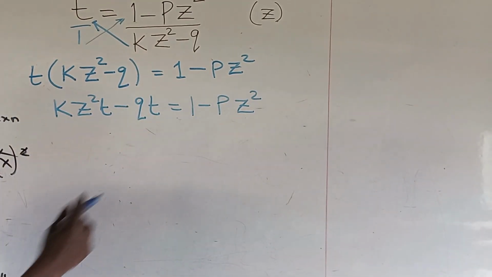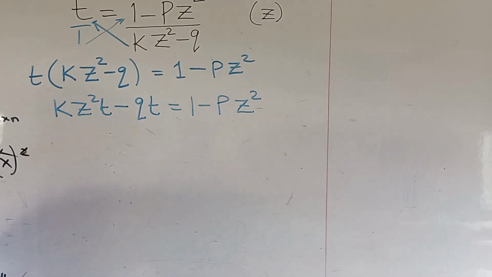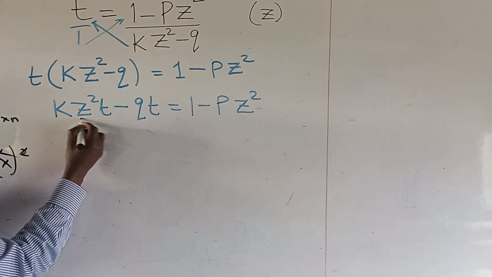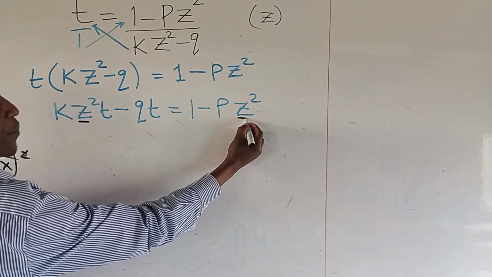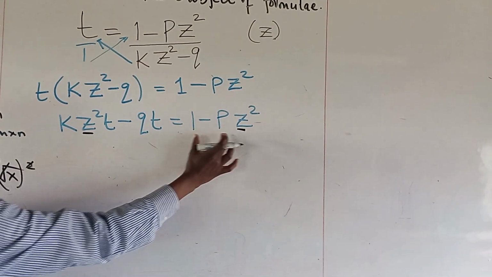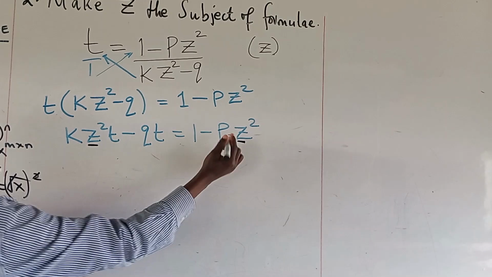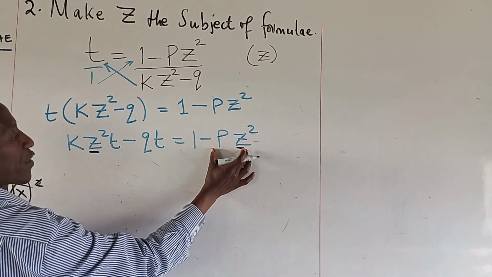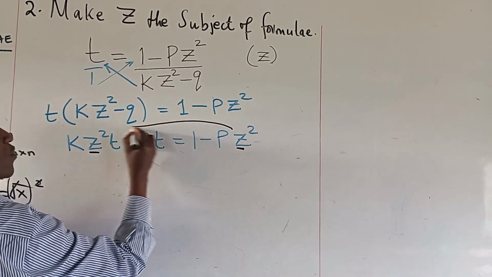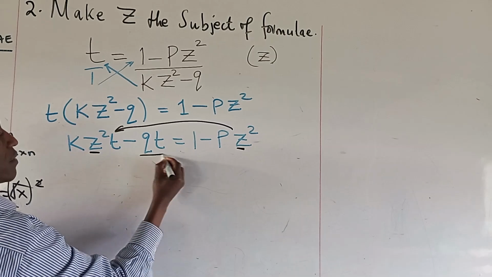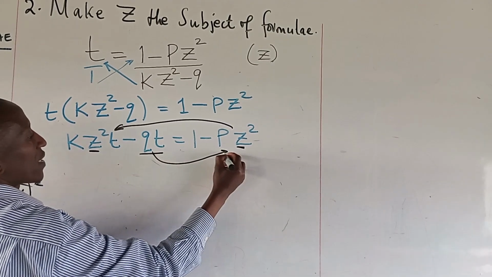Now, in this step, we need to look at what we are doing. We are interested in making this Z the subject of the formula. So we shall have PZ squared brought onto this other side, while this part here taken to this side.